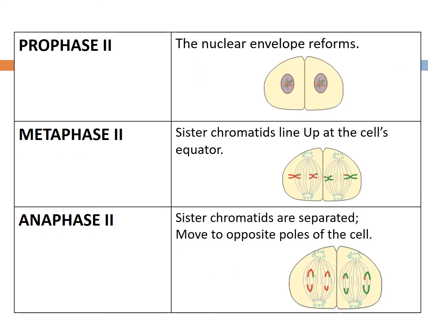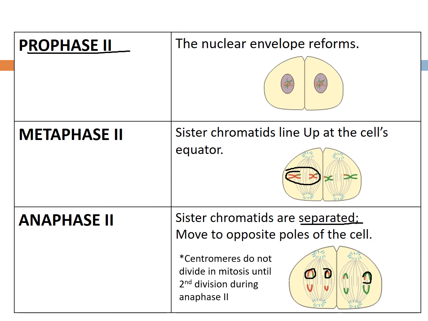Oh, but we're not done yet because we have to go through prophase 2 now. Okay, the nuclear envelope is going to reform. Sister chromatids again, they're going to line up in the center in metaphase 2. In anaphase 2, the sister chromatids are separated, so they're moved to opposite poles. Goodbye, I love you. Don't forget to write.